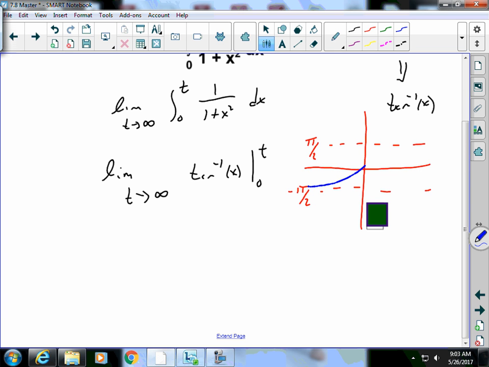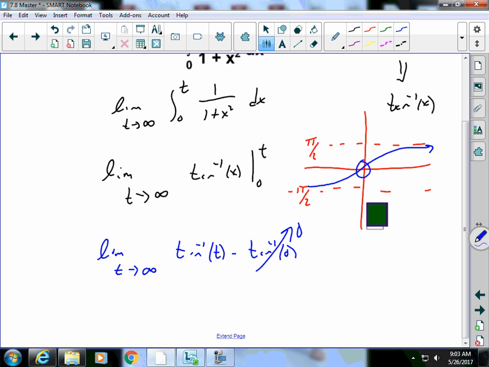So it looks something like this. It's two horizontal asymptotes at pi over 2 and minus pi over 2. So I'm going to look at this as the limit as t approaches positive infinity of the arctan of t minus the arctan of 0. Well, the arctan of 0, that's 0 because it's right here.